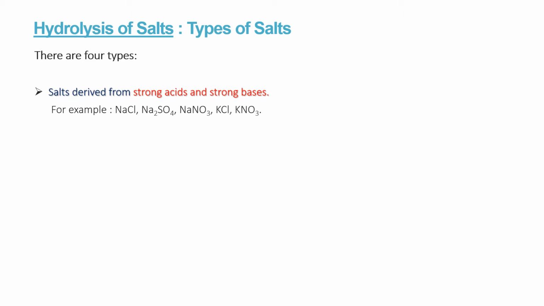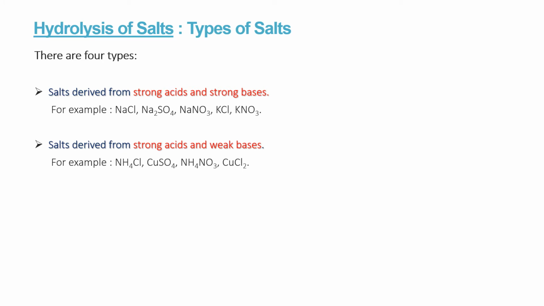And KNO3 is formed due to KOH and HNO3. Now, you must know what is the example of strong acid and strong base. Say strong base examples are KOH, NaOH, and strong acid examples are HCl, H2SO4 and HNO3.